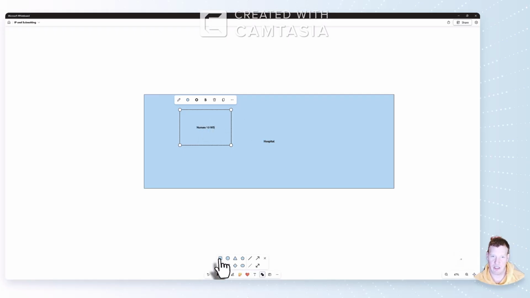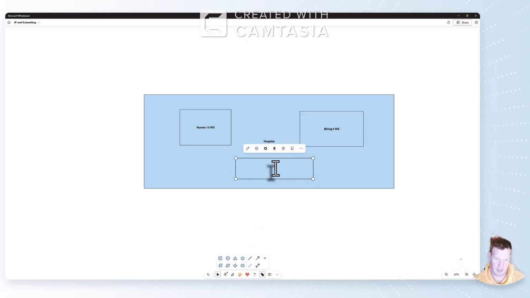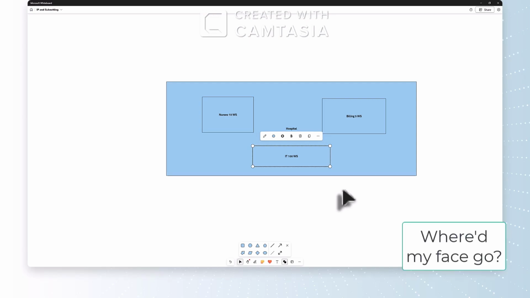Then we have another department called billing, and they have 5 workstations. And down here we have IT, and they're doing a lot of stuff, so they have 100 workstations. I'm going to stick with the 192 for this example so it stays consistent and nothing gets lost.